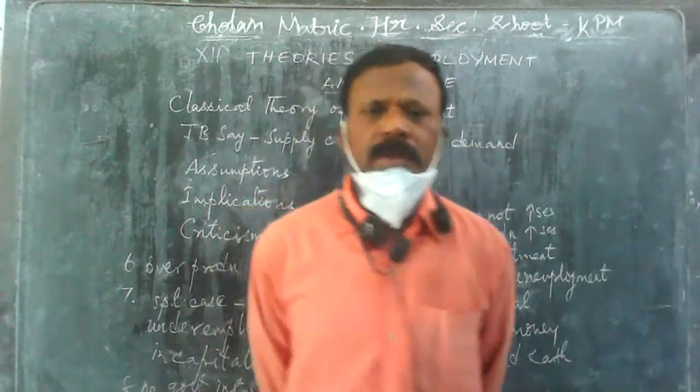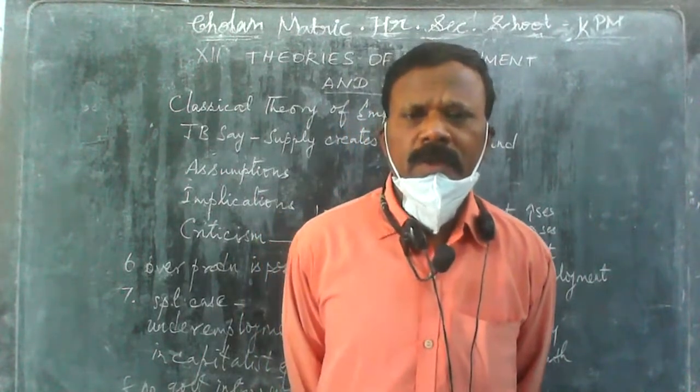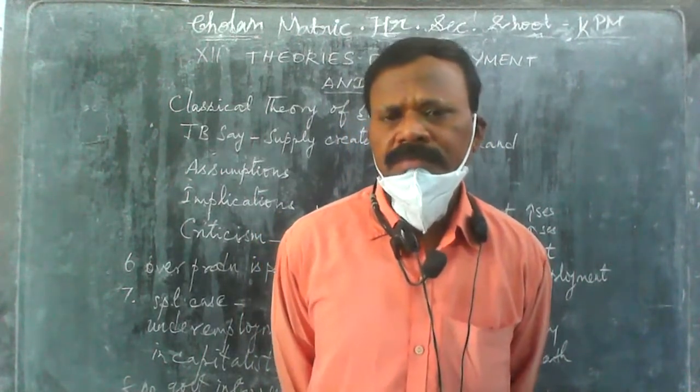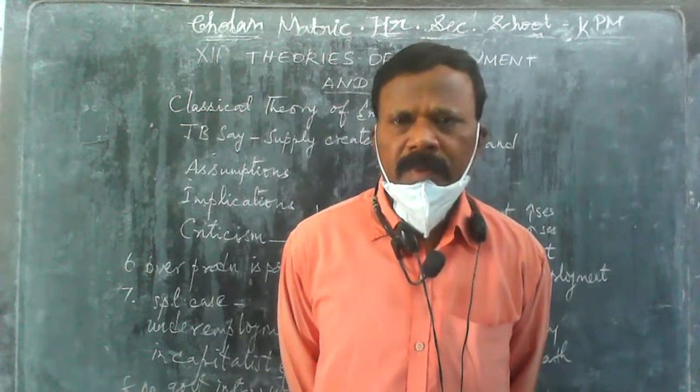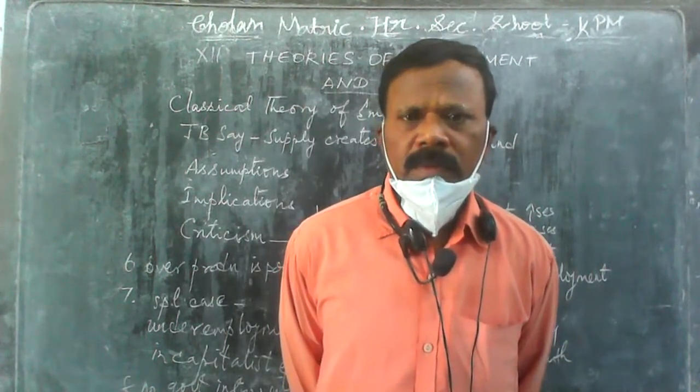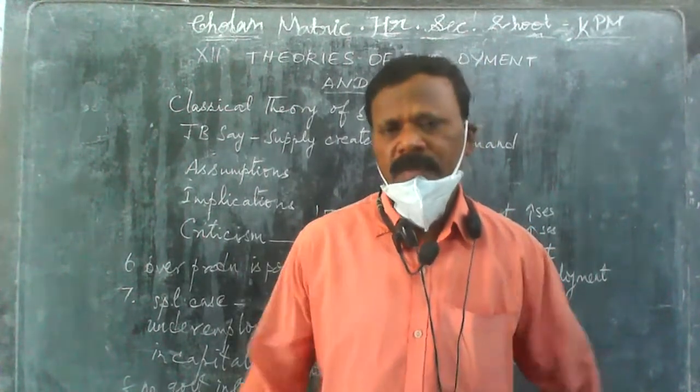Now, in the last online class, we had a nice discussion on the topic theories of income and employment. And the main discussion was focused on the types of unemployment.